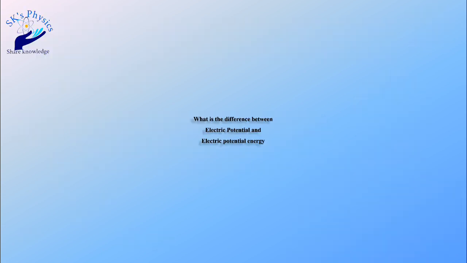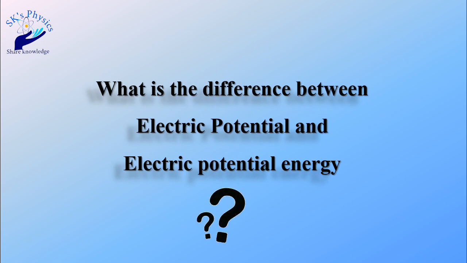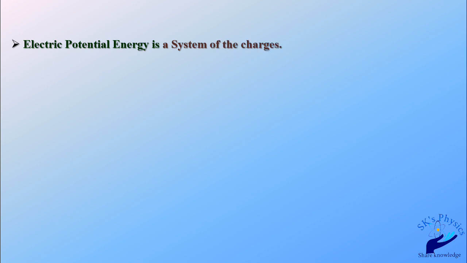First question in our mind: what is the difference between electric potential and electric potential energy? Electric potential energy is of a system of charges. Here there are 1, 2, 3 and 4 charges. Electric potential energy belongs to the system of the charges.